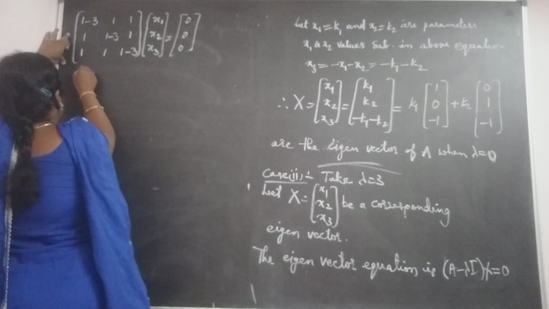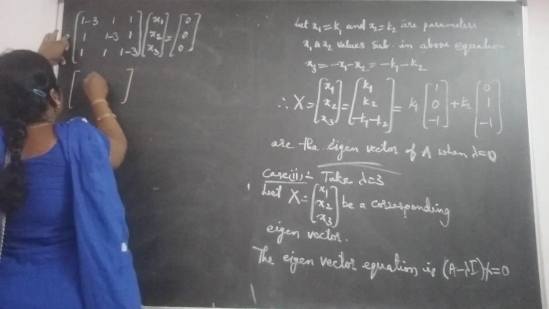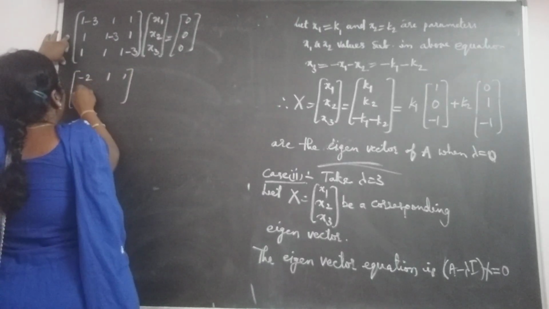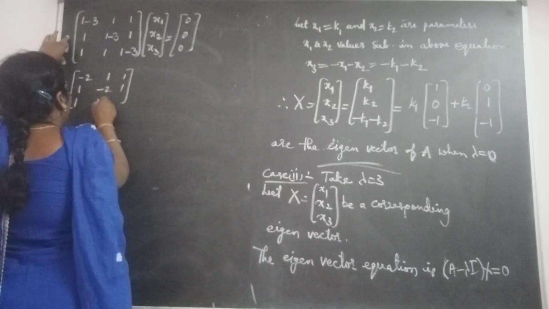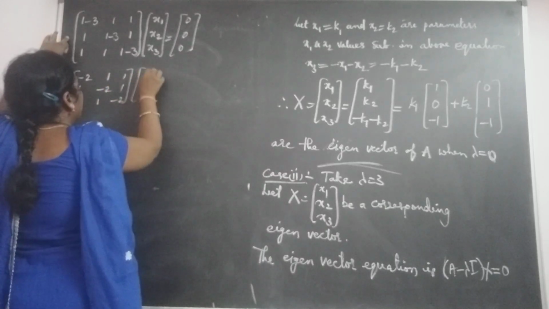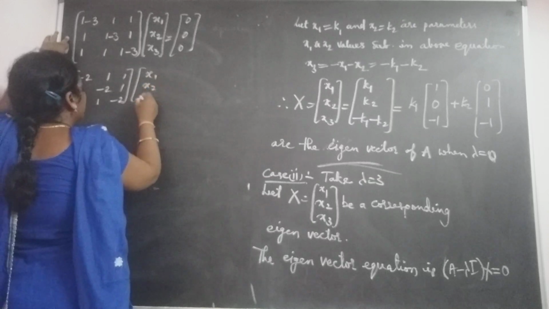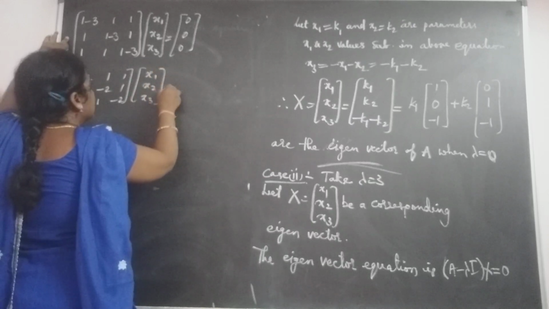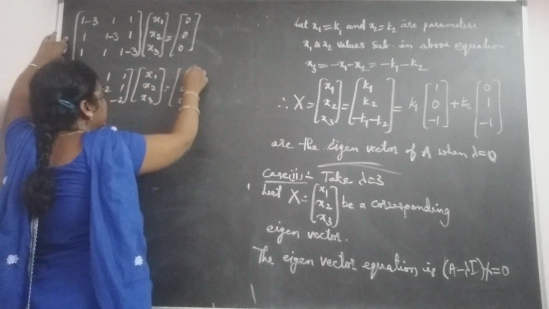Simplification of this matrix: 1 minus 3 is minus 2, so [minus 2, 1, 1; 1, minus 2, 1; 1, 1, minus 2] into x1, x2, x3 is equal to 0, 0, 0.